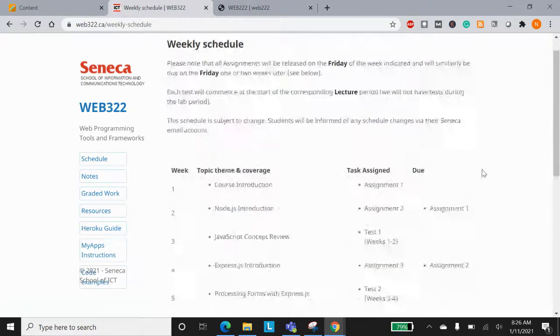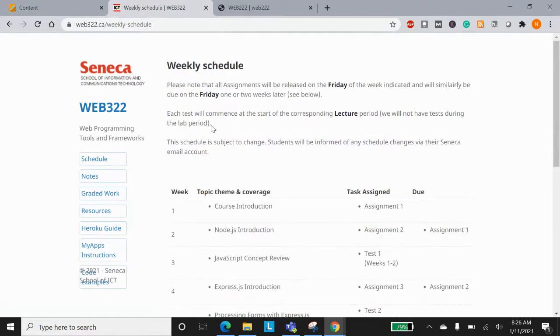This is our weekly schedule. All assignments will be released on Friday of the week indicated. I think you are familiar with this structure, because almost the same structure was followed before as well.